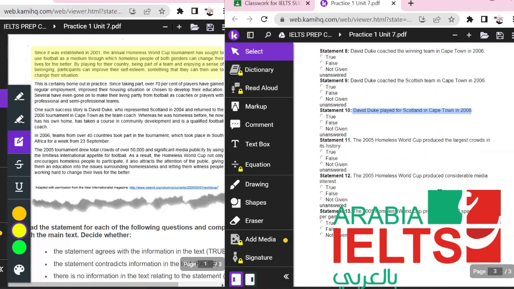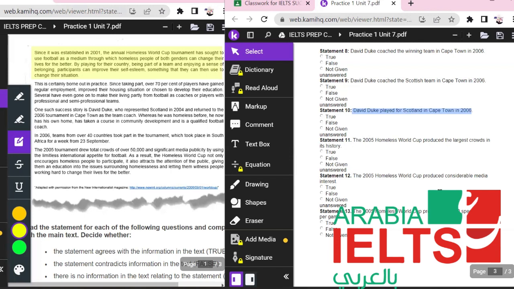Why is it false? Because he coached, not played. They used the wrong verb. Your paragraph says he coached. So he represented Scotland, but not as a player, as a coach.